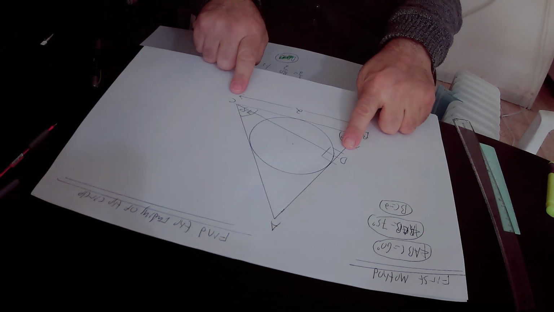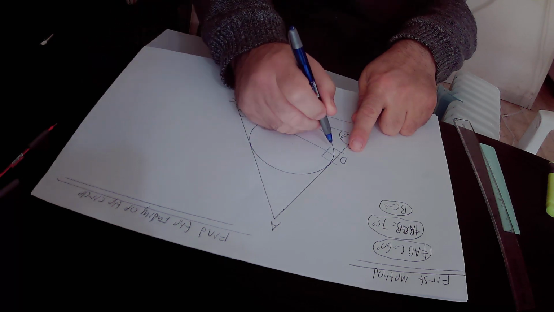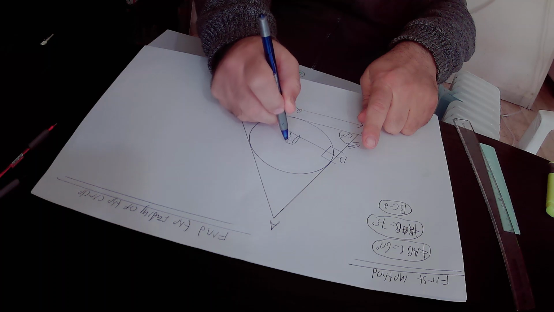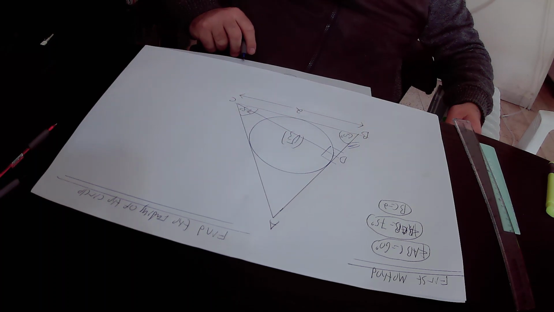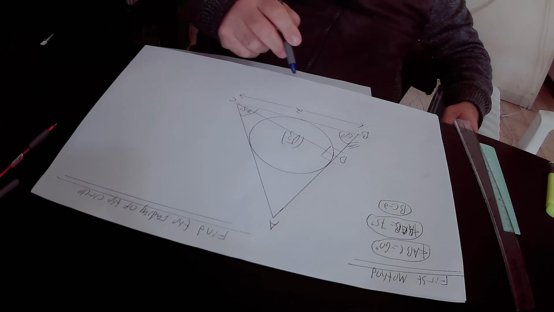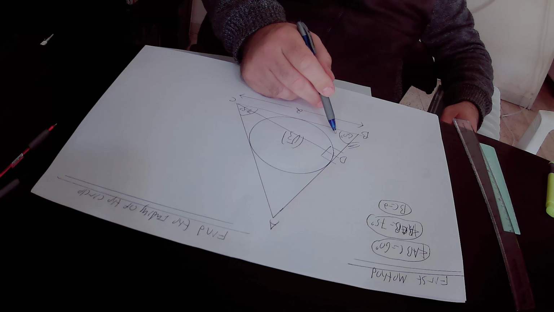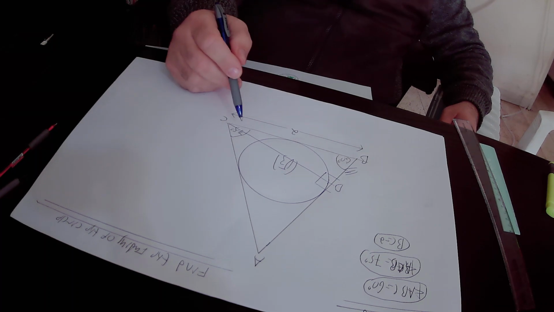This line segment DC equals the square root of 3 units in its length. In the right triangle BDC, this is the right angle, equal to 90 degrees, and this angle equals 60 degrees. 90 degrees plus 60 degrees is 150 degrees.